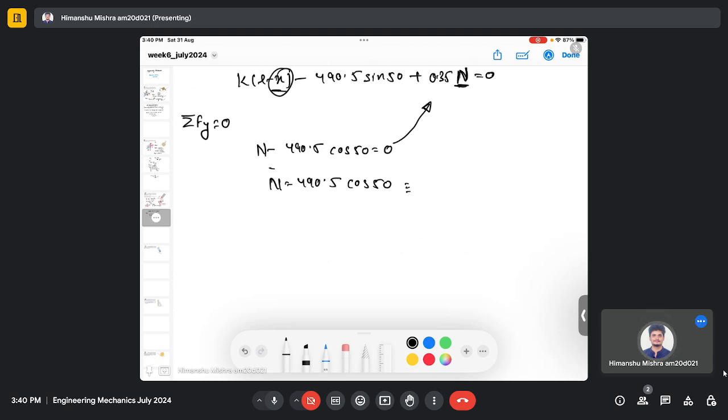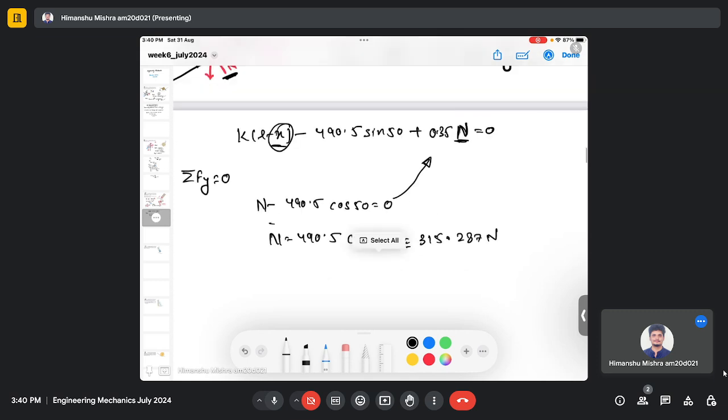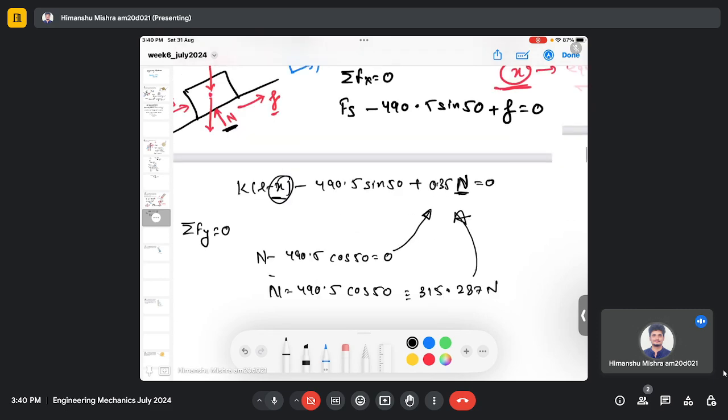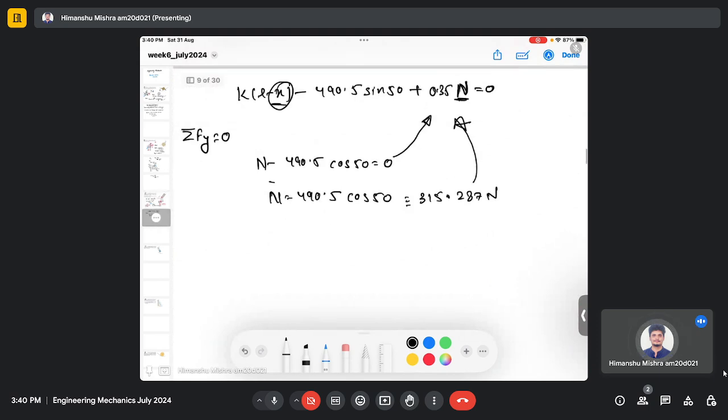So your N will be 315.287 Newton. So when you substitute in the above equation, K is given as 660 Newton per meter, your L is 0.8 meter minus X, minus 490 sine 50, which is, and N is 315 multiplied by 0.35.